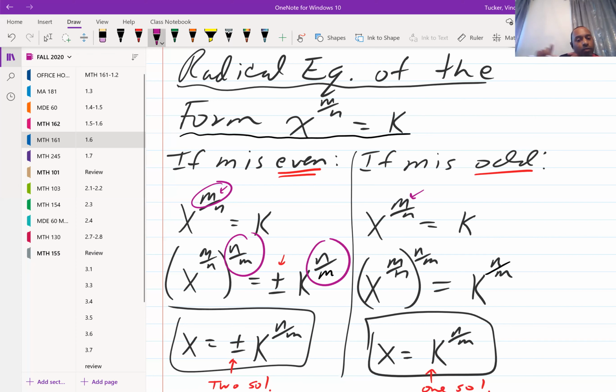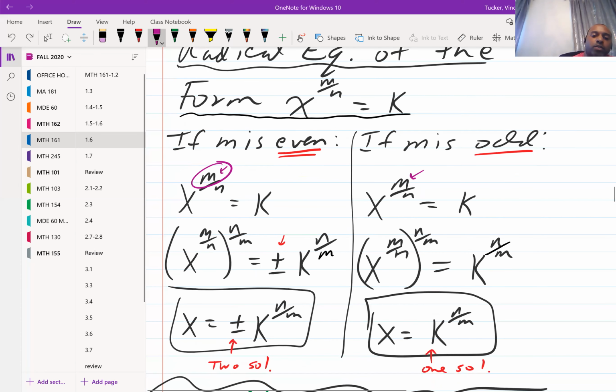We're going to flip the fraction and raise both sides to that reciprocal in order to cancel out what's being done to x. But if m is even, then that's going to be plus or minus. We're going to have to use the square root property, and that's going to yield two solutions.